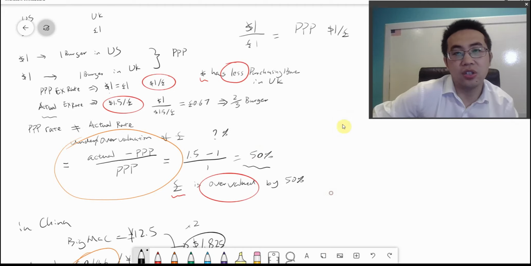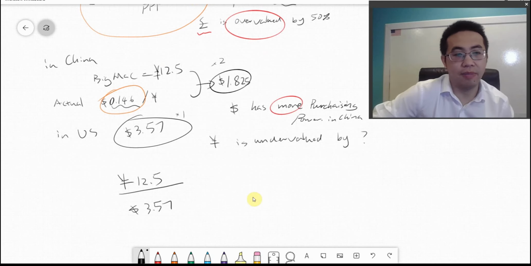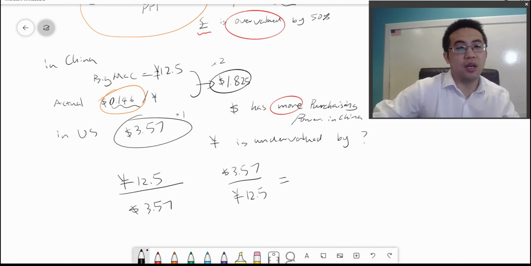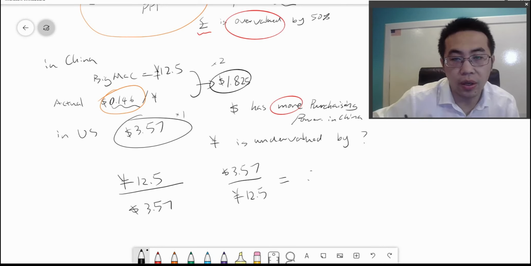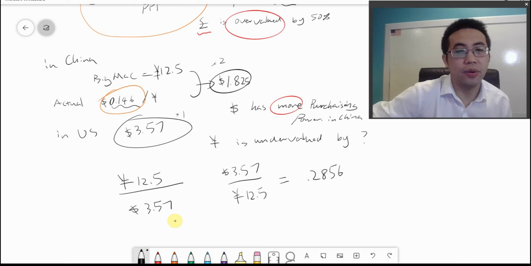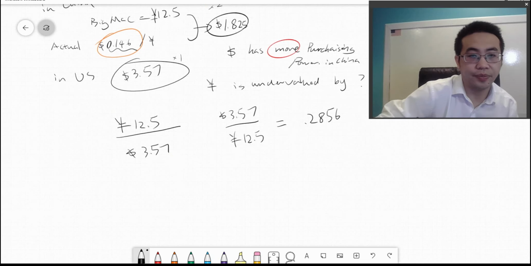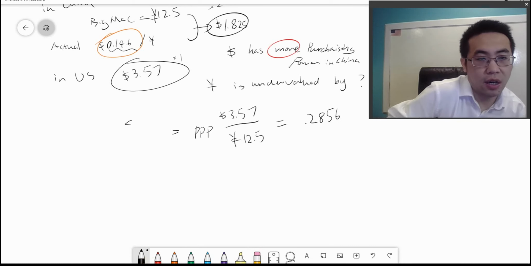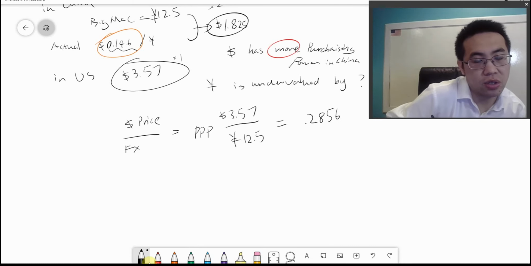You just use the dollar price divided by the yuan's price, or the foreign price, and this would give you 0.2856. So the PPP rate is the dollar price over the foreign price.